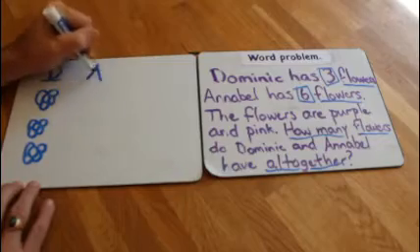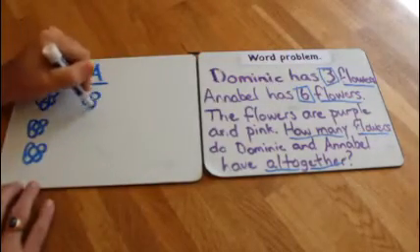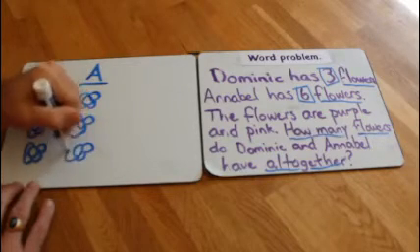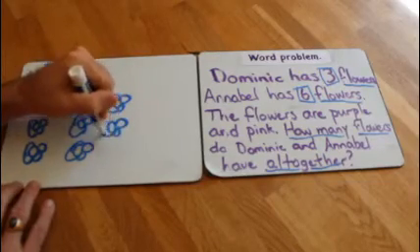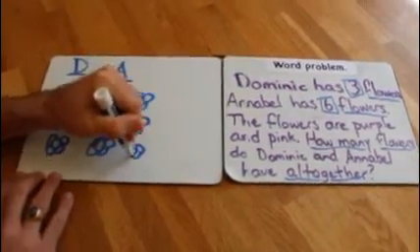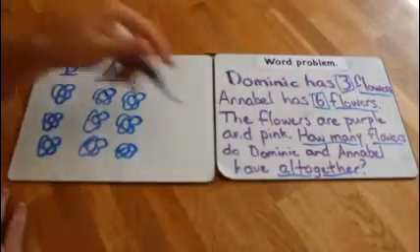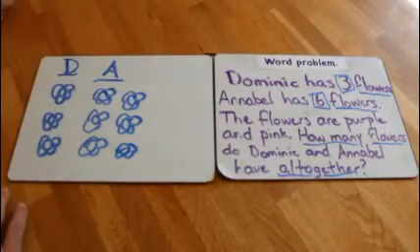While Annabelle has 6 flowers. 1, 2, 3, 4, 5, 6. How many flowers do Dominic and Annabelle have all together?